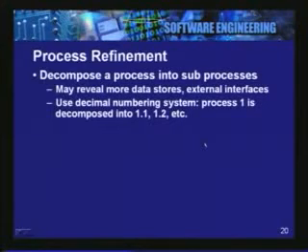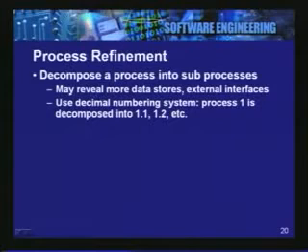After we have done the context diagram, we now decompose the process into its sub-processes. So here is the process decomposition now coming into the picture. When we do this, we replace a process by its constituent sub-processes. In this, we may reveal additional data stores or additional external interfaces.